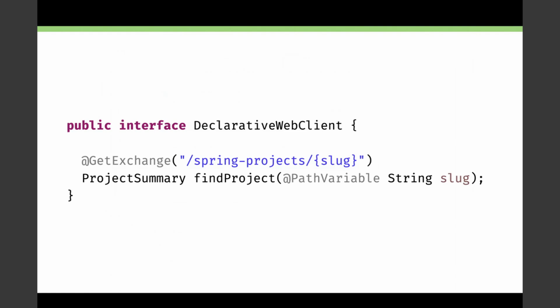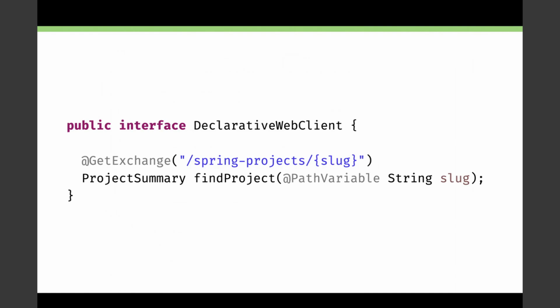So you just declare an interface similarly to the way you work with controller methods and Spring Data repositories. It's kind of the birth child of these two design approaches, right? You map requests via annotations, and the Spring Data inspiration here comes from the fact that you don't have to write an implementation, but we can derive all that's needed from the method declaration.